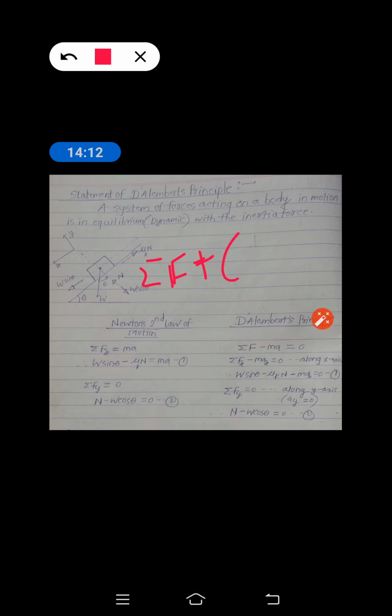So what is our inertia force here? Mass into acceleration. And if you take the summation of both, the summation is 0.